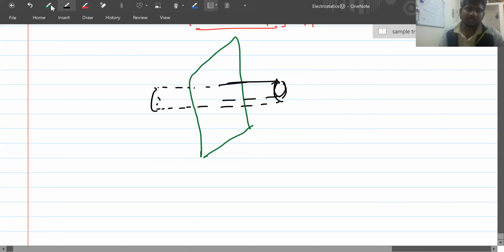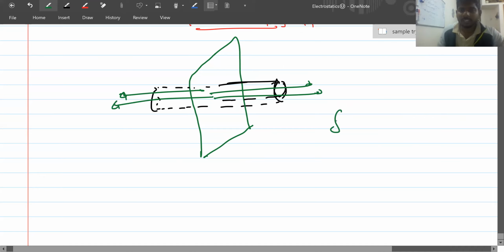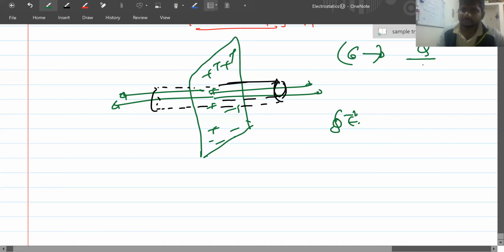Here the electric field will be present like this. So integral E dot ds. The entire charge is distributed over a long non-conducting sheet, which has charge distribution sigma, that is, charge per unit area.